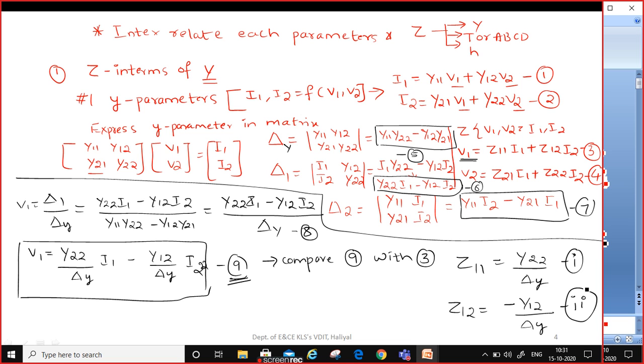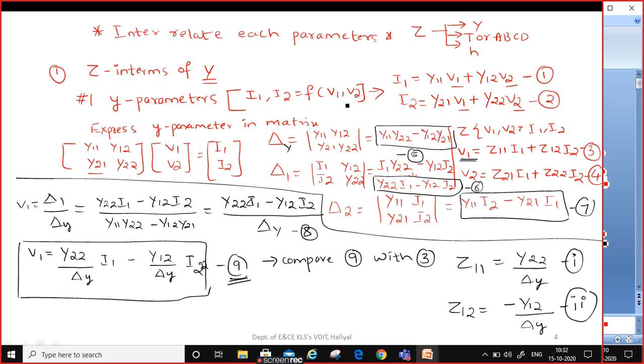So we are able to express this here. Till this point, is that clear to everybody? Yes, sir. With a similar approach, we were able to express Z11 and Z12 in terms of Y parameters.